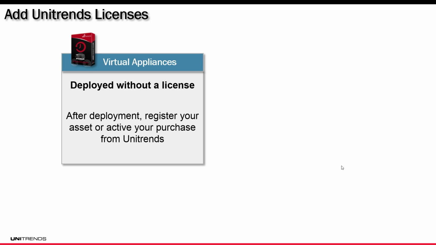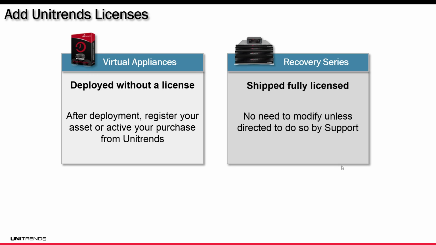When you talk about adding Unitrends licenses to your appliances, starting with the virtual appliances, they're deployed without a license. After deployment, you need to register your asset or activate your purchase from Unitrends to keep running updates. After 15 days, your updates are going to stop. If they're a recovery series appliance, it's fully shipped with a license. There's no need to modify unless you're told directly to do so by support or sales through support via the channel.